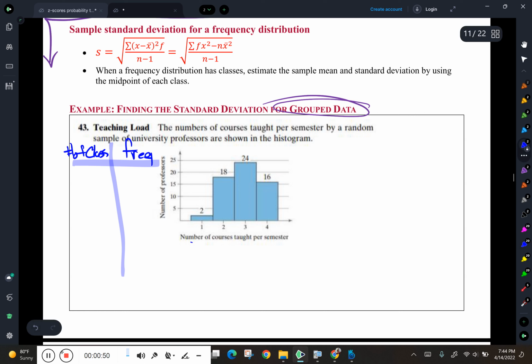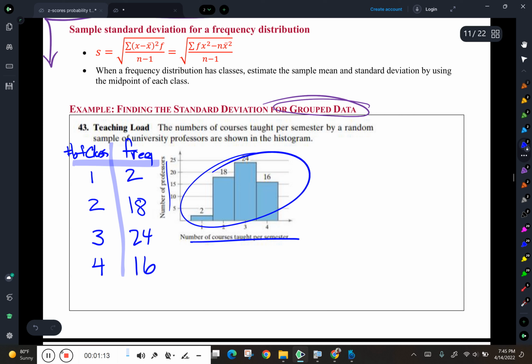The horizontal axis is the number of courses and the vertical axis is the frequency. So the data points in here are 1, 2, 3, 4, and 1 occurs twice, 2 occurs 18 times, 3 occurs 24 times, and 4 occurs 16 times. And that's what this is telling me.